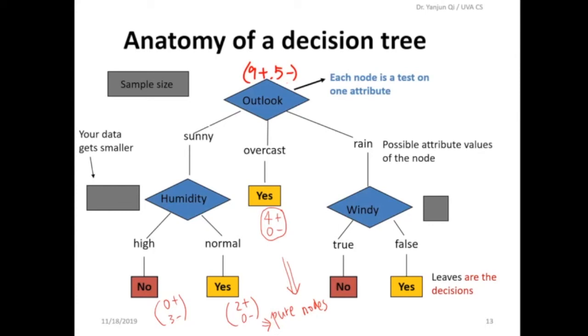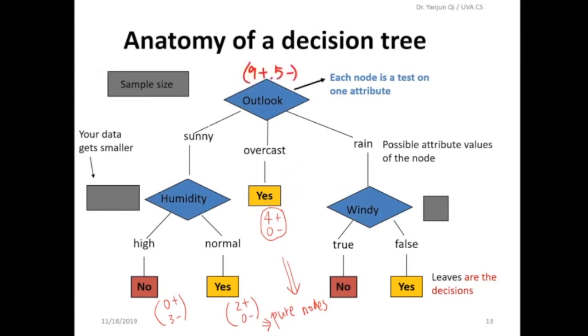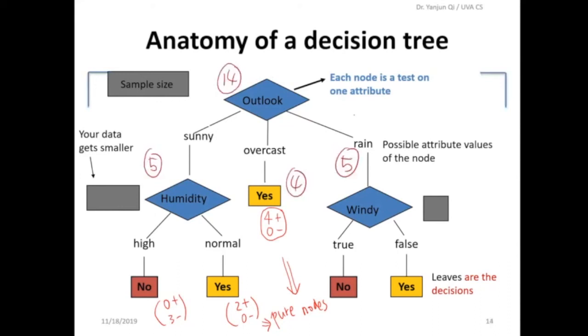And then after each split, this goes to 4, 0, and this goes to, yeah, I need to do all the counts, but let's see the next page I did. So 14, which is 9, 5, and then this has 5, and this got split further. This goes to 0 positive, 3 negative, and this goes to 2 positive, 0 negative, and this is 4, 0.